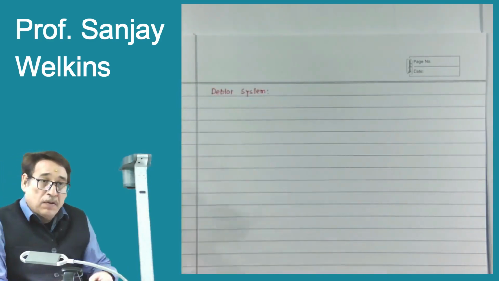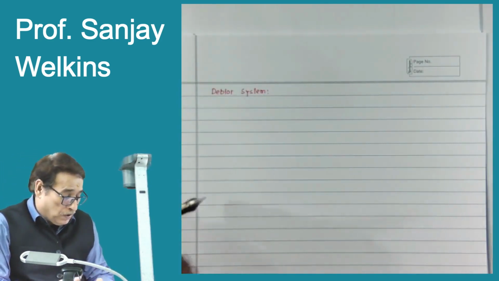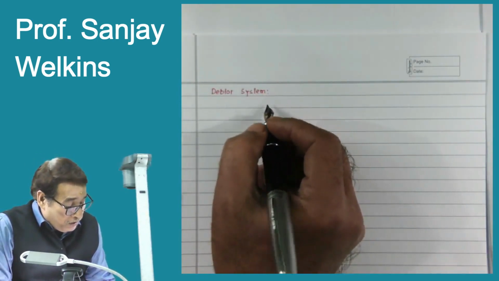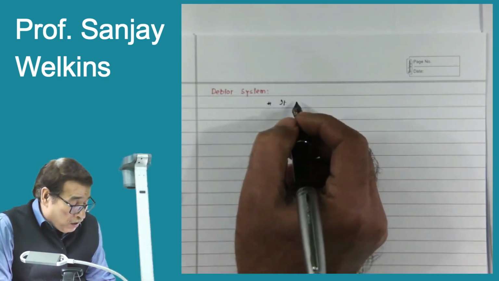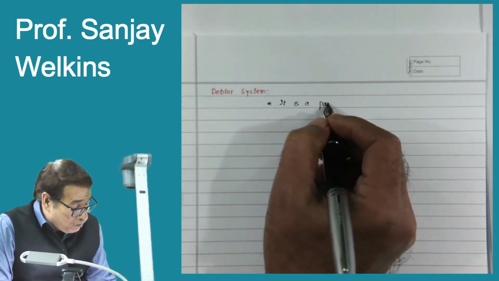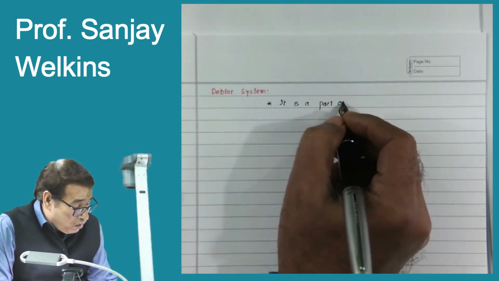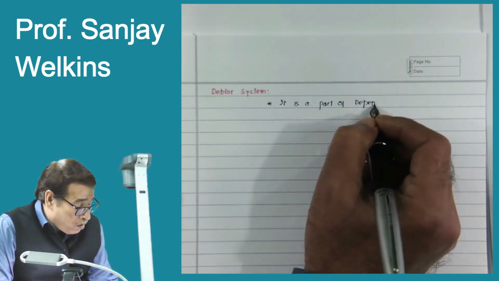As we discussed in the last session, the debtors system basically is a part of the dependent branches system. The first point you should write: it is a part of dependent branches.